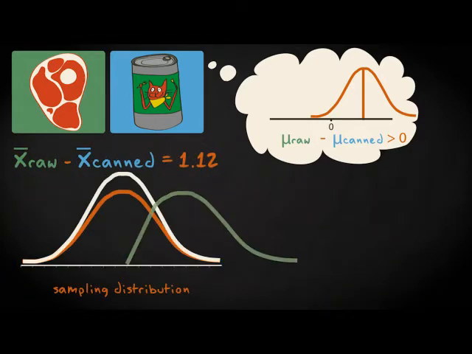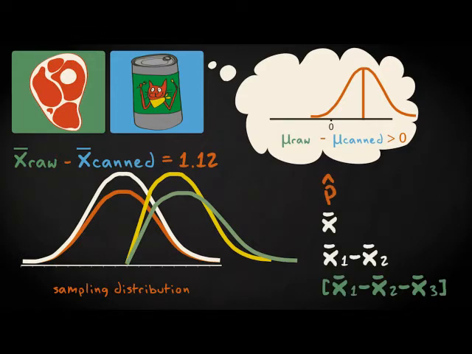The shape of the distribution is determined by the type of statistic we're interested in. Statisticians like Fisher, Pearson, Gossett, Neyman, they've all shown that proportions, means, differences between two means, differences between more than two means, they're all associated with differently shaped distributions.